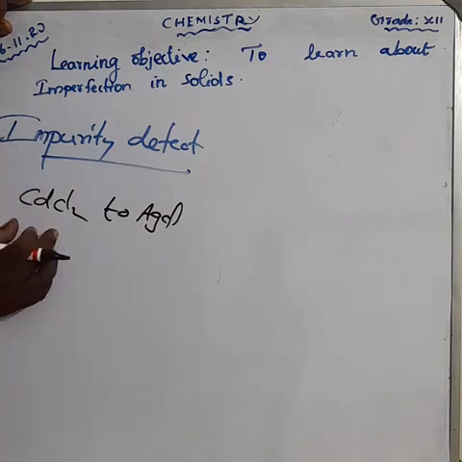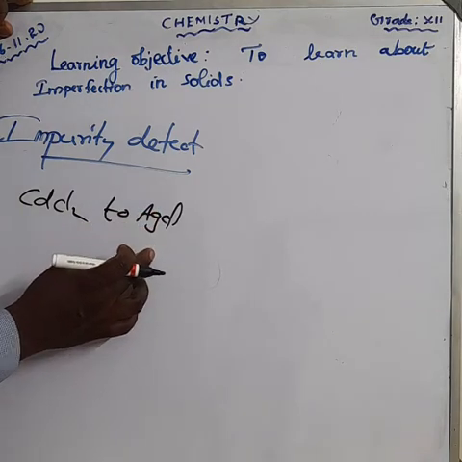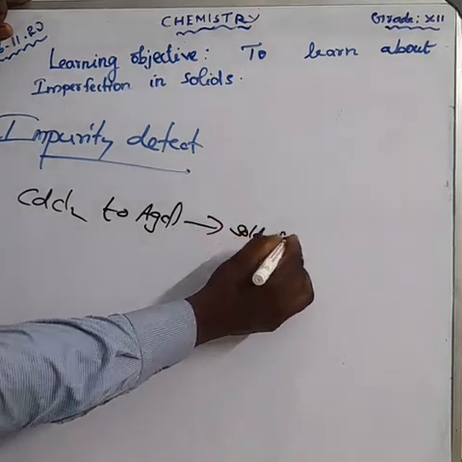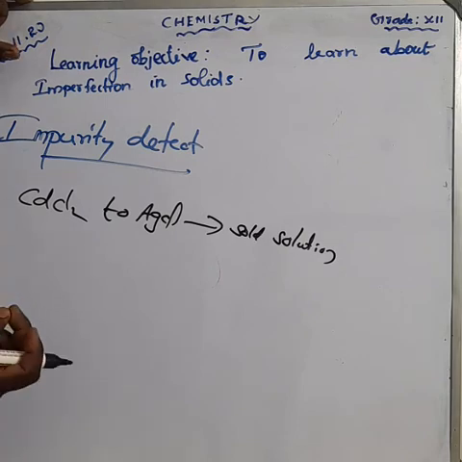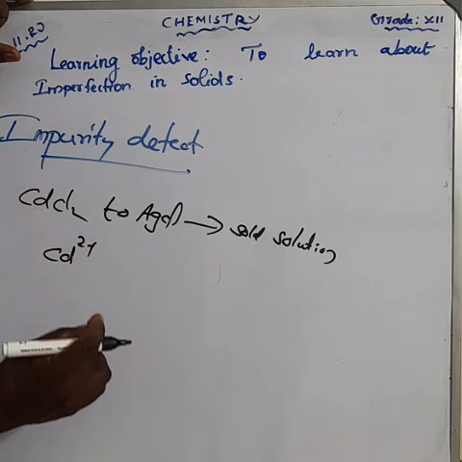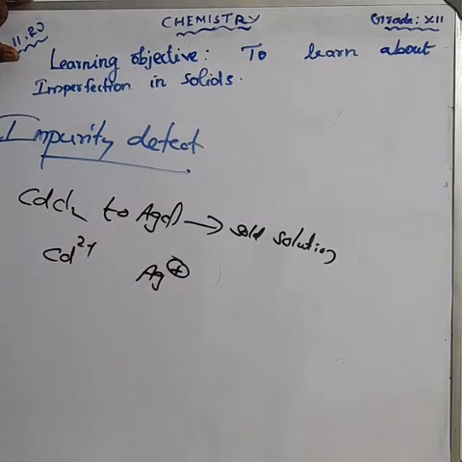The addition of cadmium chloride to silver chloride gives a solid solution. Here the divalent Cd2 plus ion occupies the position of an Ag plus ion. Thus there would be a disturbance of electrical neutrality of the crystal.